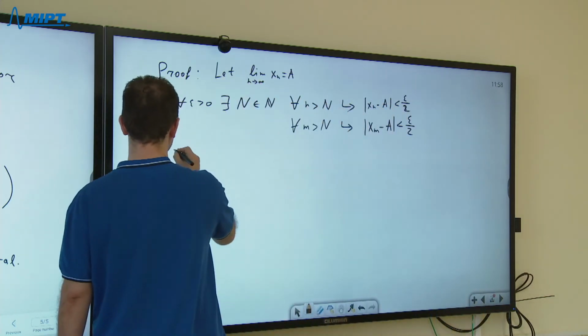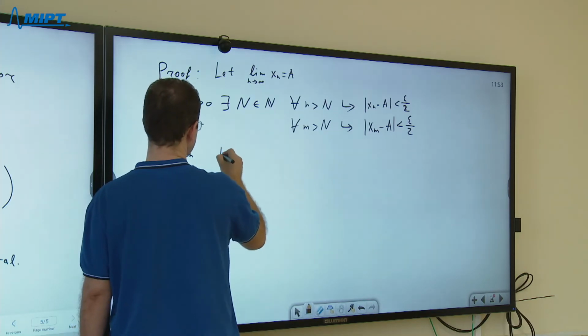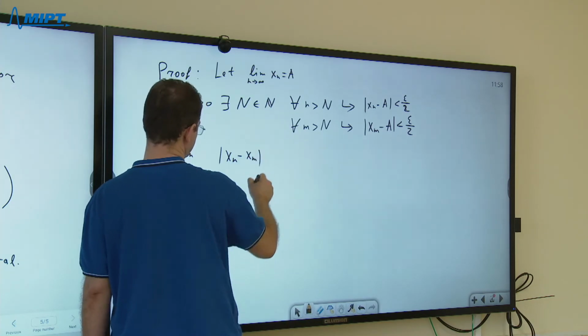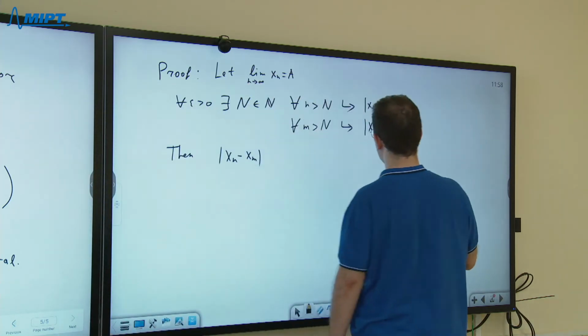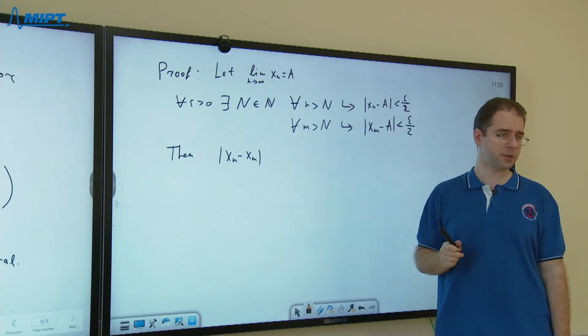Then we have the absolute value of xn minus xm. The terms in this first and second line are, generally speaking, different terms.